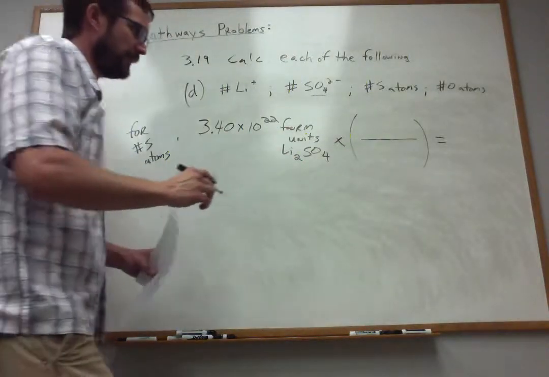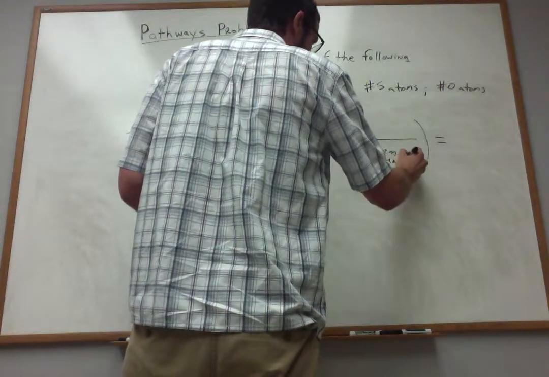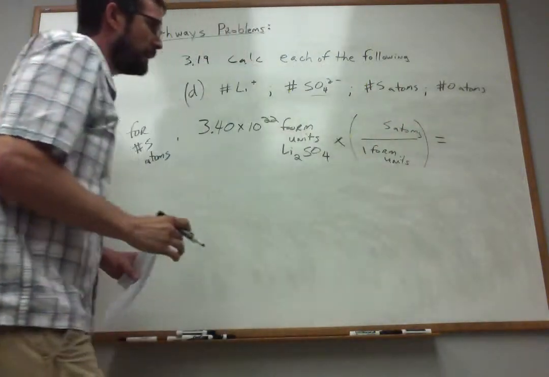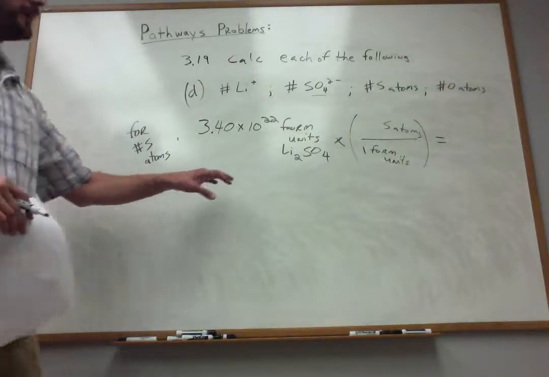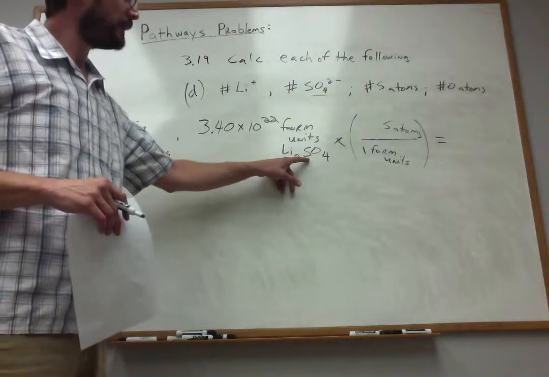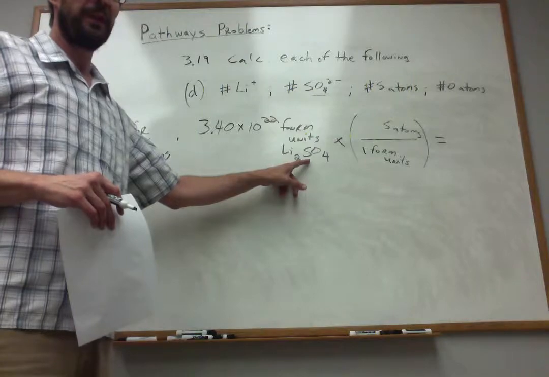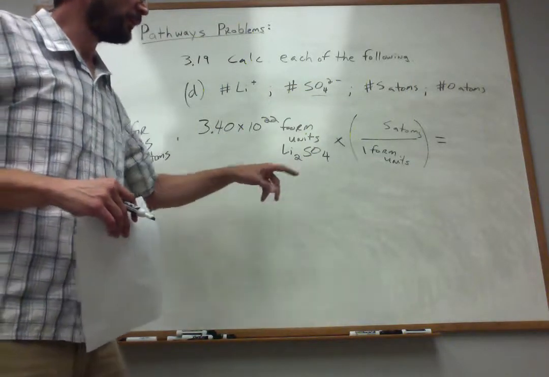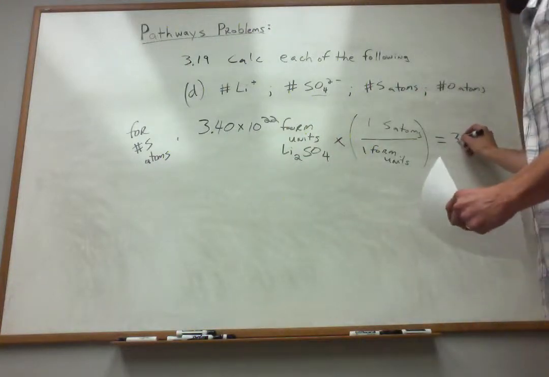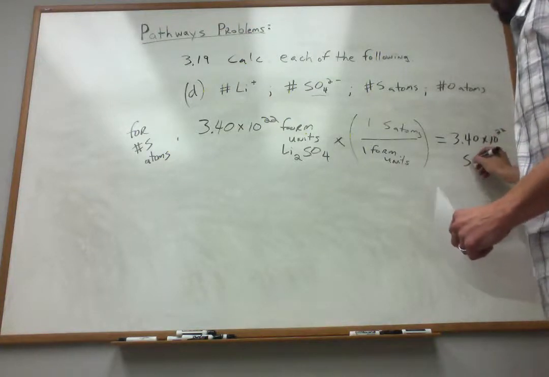Well, same way. All we need to know is how many sulfur atoms per one formula unit of this compound. And as I look at this, I say, oh, it's just 1 to 1 again. I've got 1 formula unit of the compound. Within that 1 formula unit contains 1 sulfur atom. So it's 1 to 1. As a consequence, I've got the same number of sulfur atoms.